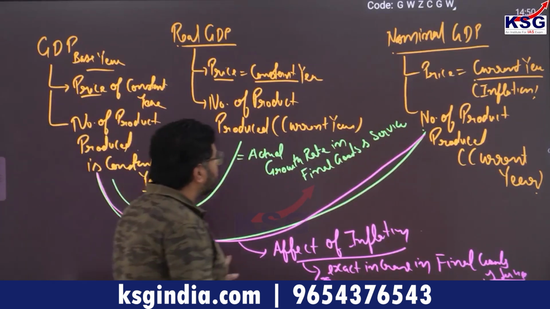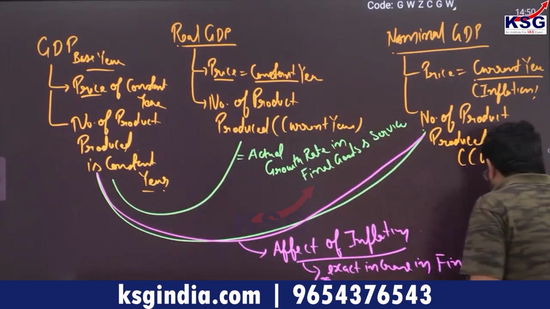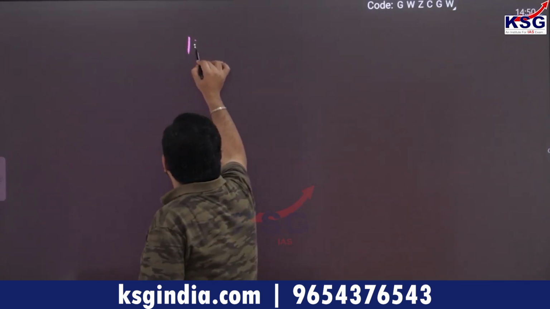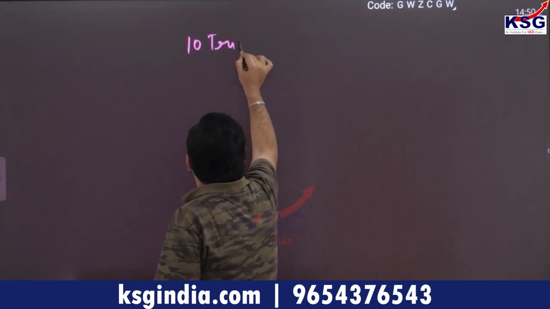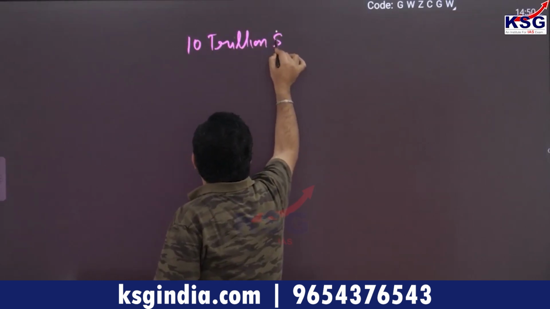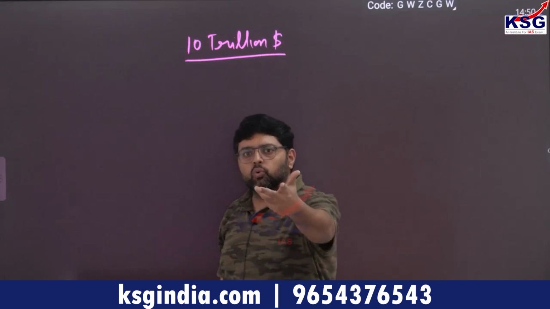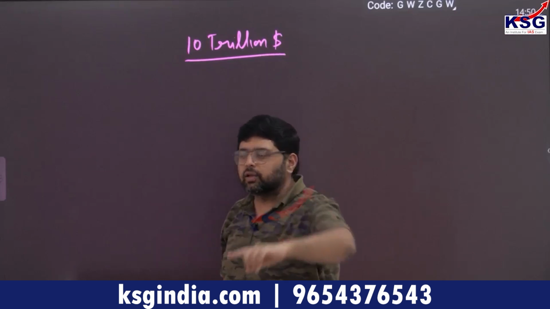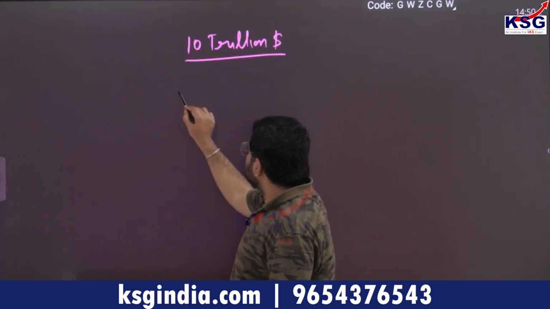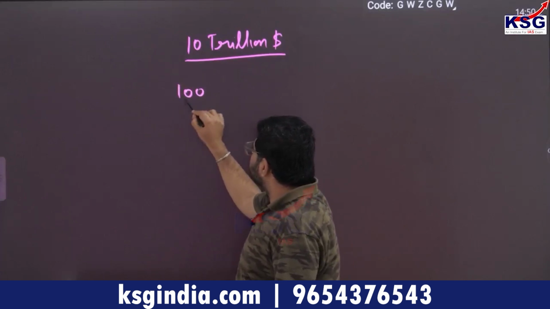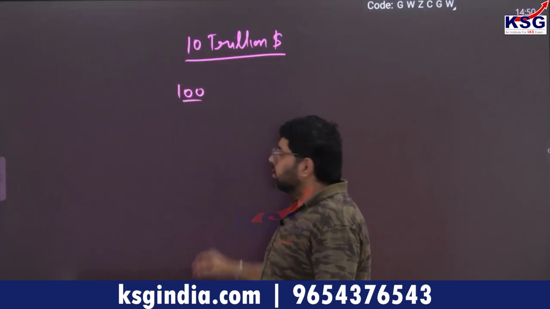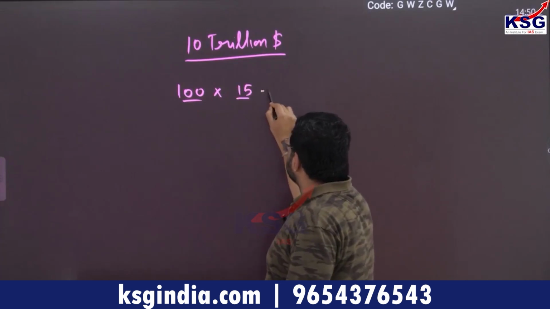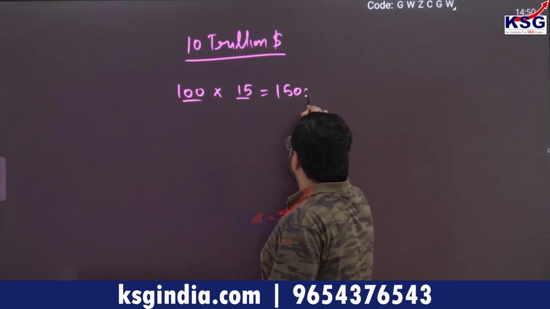Now if you see, if I want to increase GDP, like sometimes the government says that India will be a $10 trillion economy, that you can do without increasing the production. Suppose this year you produced 100 pens, and you inflate the price from 10 to 15 rupees, so GDP will be 1500.